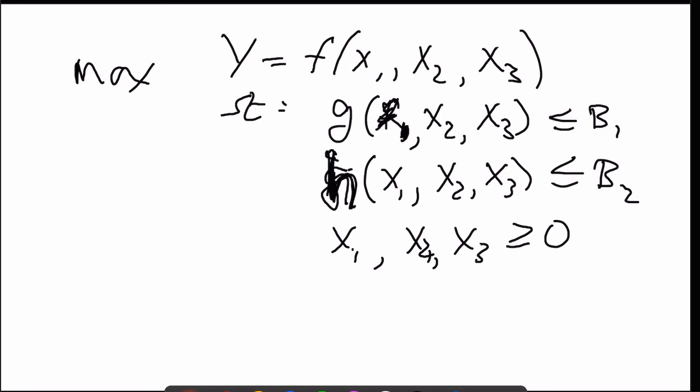Now again, what I could do is put some s's in here. I could put these slack variables in here. Okay? So I could say, I want to max, right?